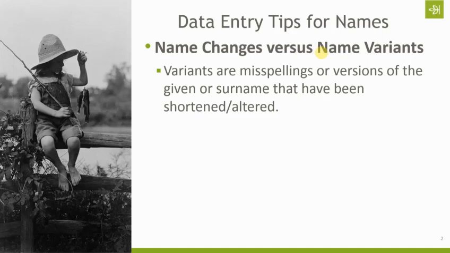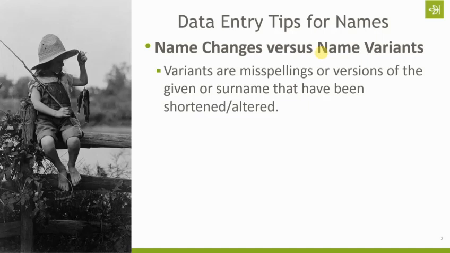So, for example, if William goes by Will or Billy, or Robert goes by Bob or Bobby or Rob, or maybe all four in various records throughout his life. Same concept with women and their given names. Elizabeth can be Liz or Lizzie or Betty or Beth, okay? Eliza, all of those are just variants of a name.